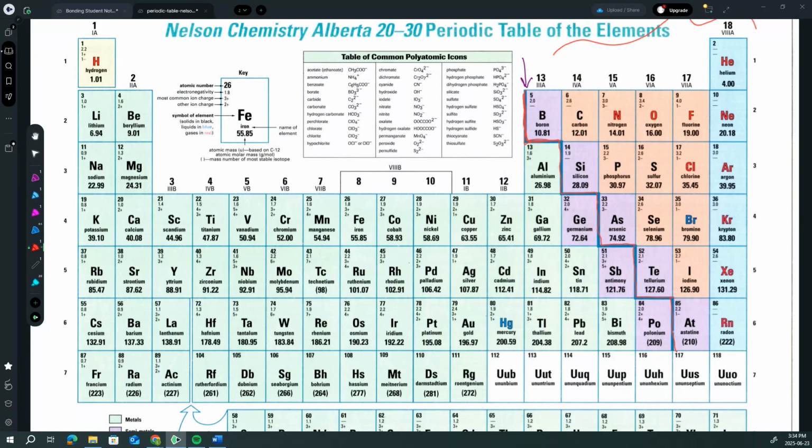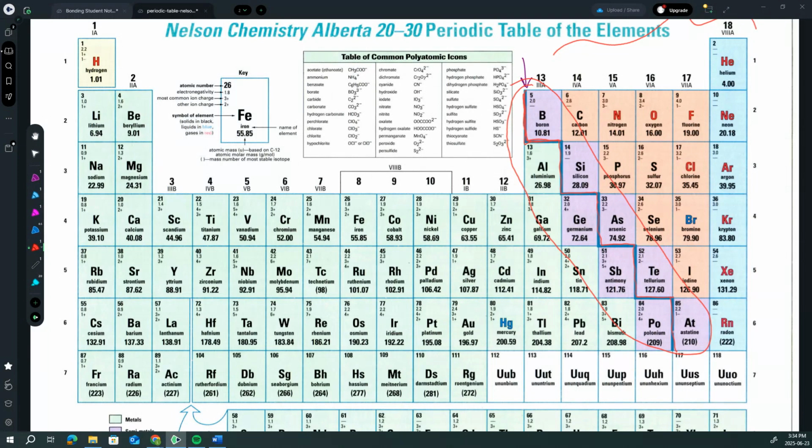Another feature of this periodic table that you'll want to be aware of is the elements that are right on the staircase line. They have properties of both metals as well as nonmetals.